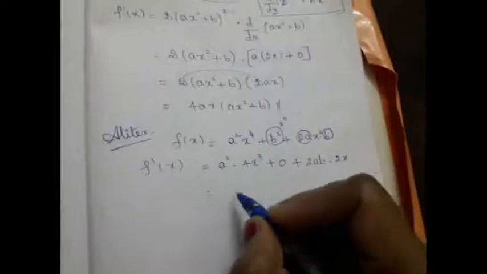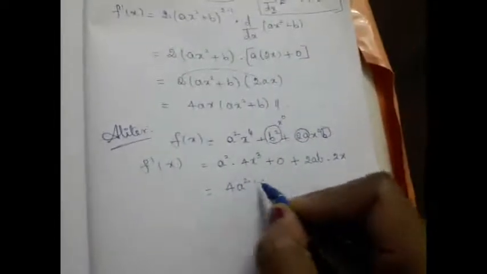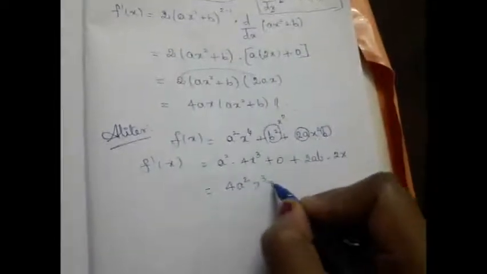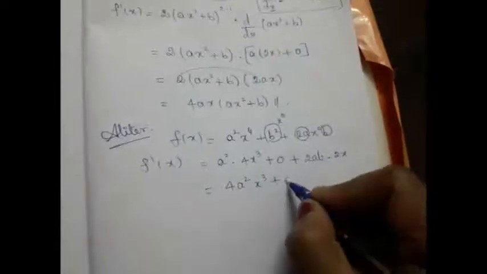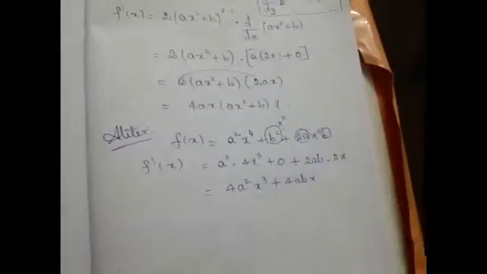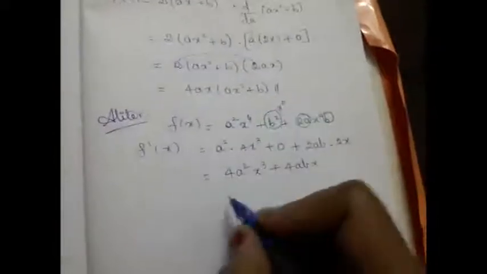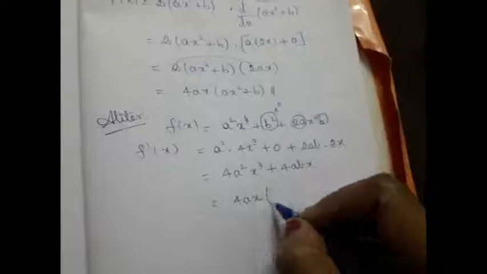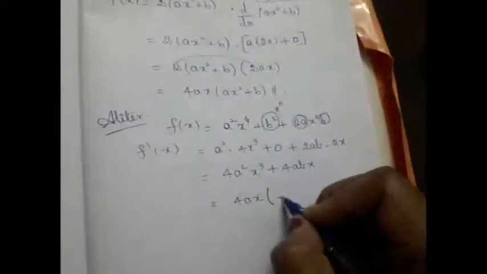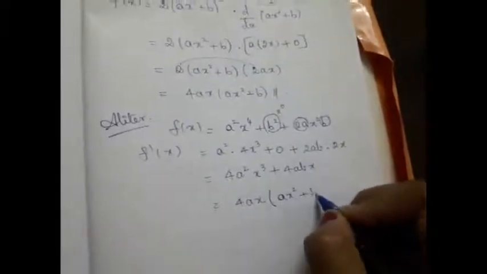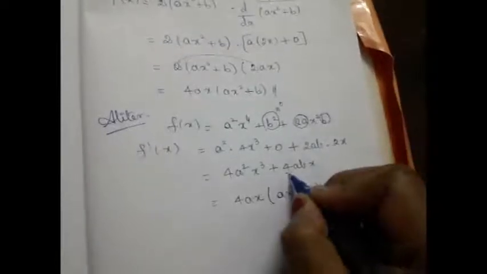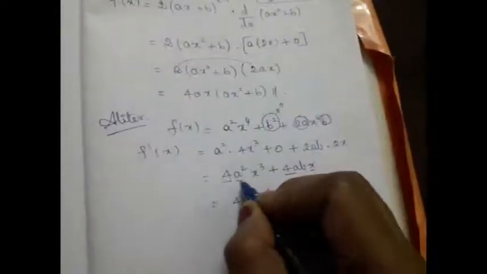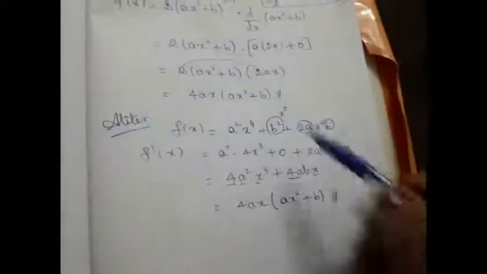The coefficient you have to write as such and then you have to differentiate the variable, right? Now this is nothing but 4a square x cube plus 2 2's are 4abx, right? This is same as this. If we take 4ax as common, what we will get here? Ax square plus b, right? We have taken 4ax as common. So we ended up with the same answer.